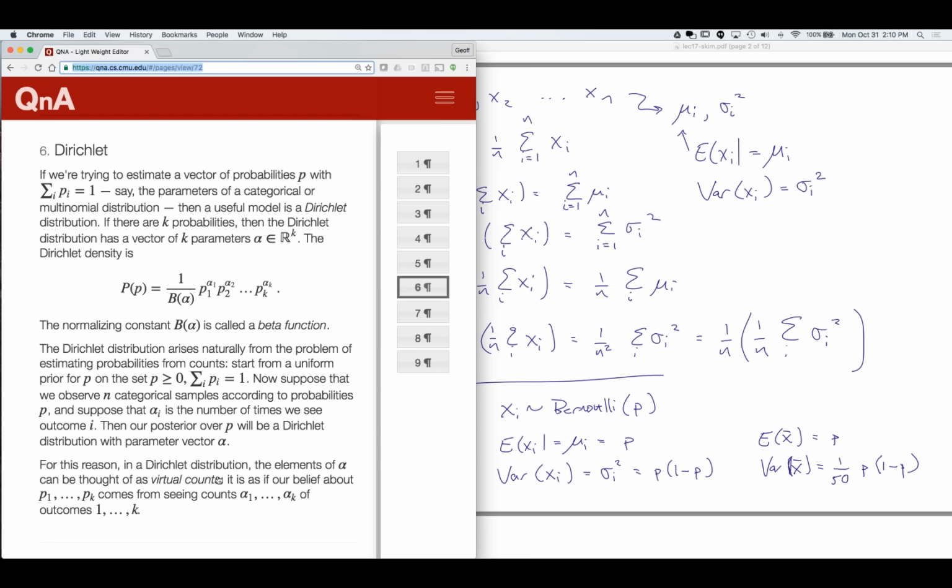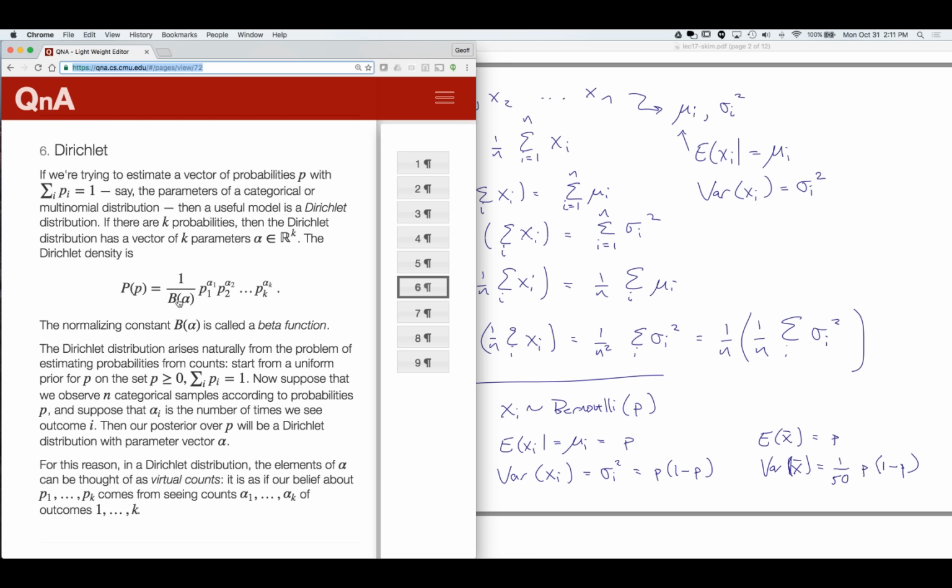A Dirichlet distribution has this form, which is what it is, but this is the form of a Dirichlet. The parameters of the Dirichlet are these alphas, these exponents here, right? The probability of getting a sample, which is a vector of probabilities where each of them is bigger than 0 and they all sum to 1, you get by raising each probability to the power of the corresponding exponent and then normalizing, right?